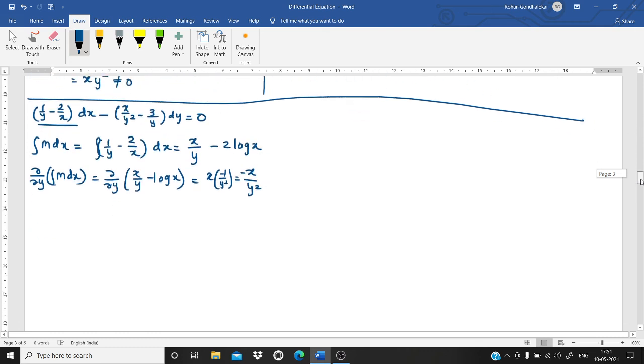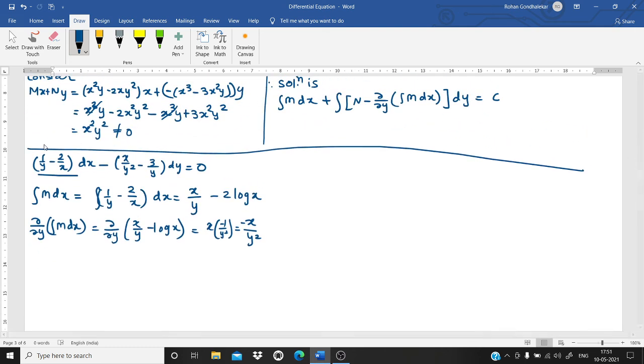Now the integral of N minus del by del y of integral M dx, integration is with respect to y. So what do I get there? So this is the integral.